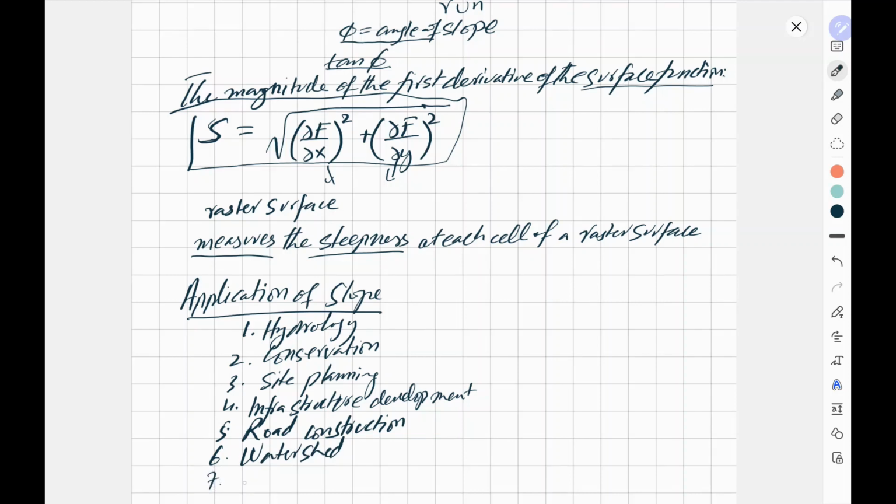It is also used in vegetation and soil resources.